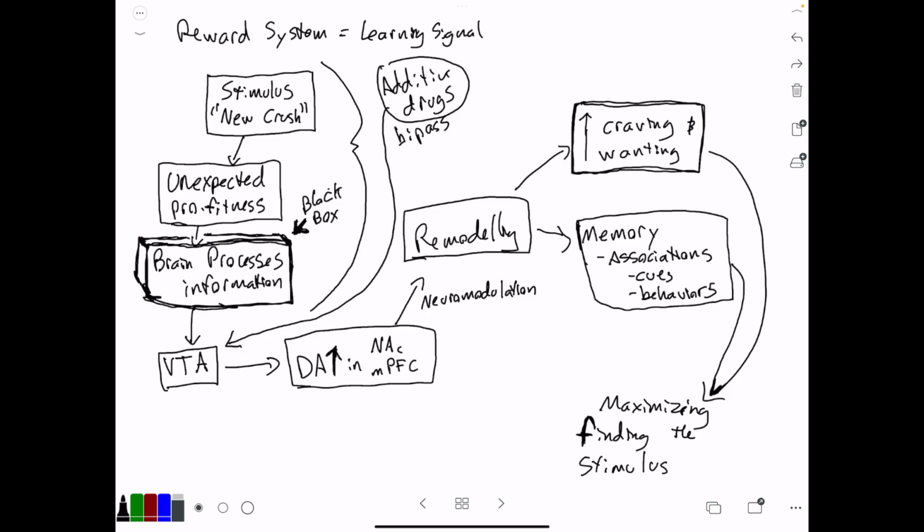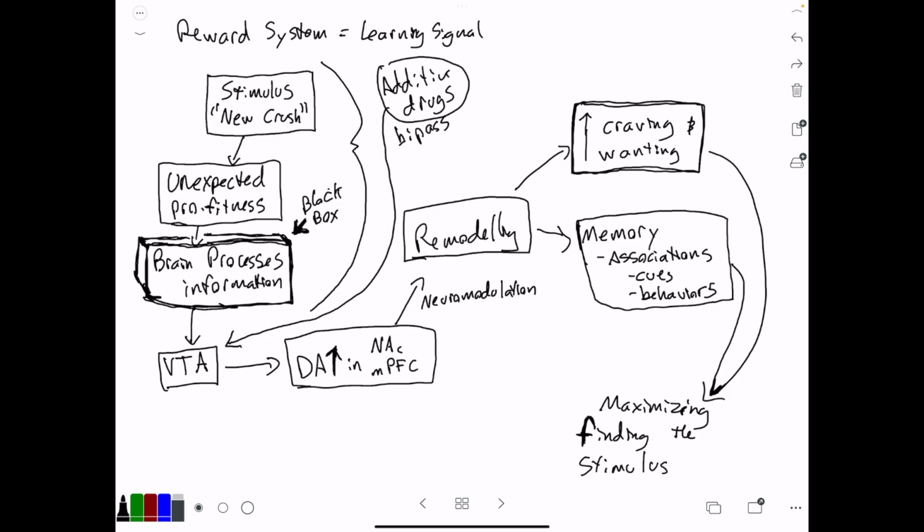And this is important and perhaps subtle, but thinking about this situation here, what happens is that over time, once your brain goes through this remodeling, and once you successfully find and are able to get this stimulus over and over and over again, the brain says, okay, we've done our job.